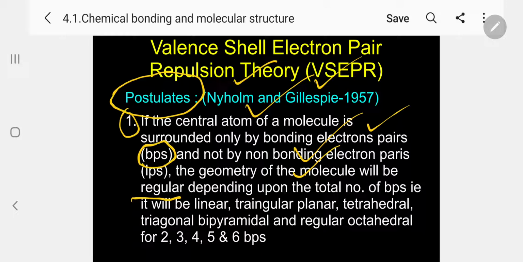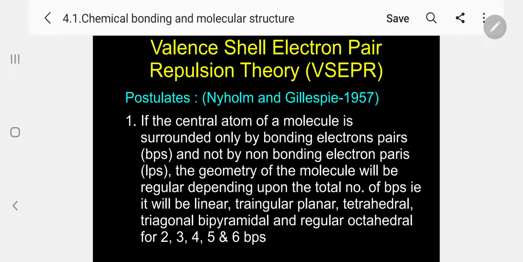It will be linear, triangular planar, tetrahedral, trigonal bipyramidal, and regular octahedral for 2, 3, 4, 5, and 6 bond pairs. That means 2 bond pairs linear, 3 bond pairs triangular planar, 4 bond pairs tetrahedral, 5 bond pairs trigonal bipyramidal, and 6 bond pairs regular octahedral. Kindly follow.